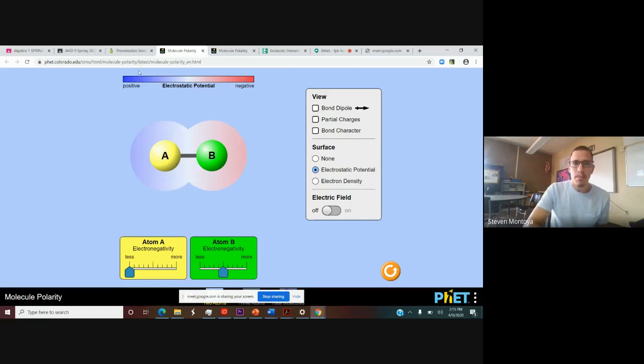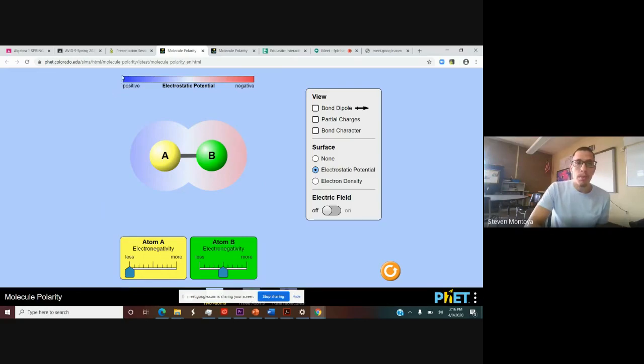Now let's talk about the bar, okay? Notice how your field has a blue color for atom A. Blue means positive. It's a positive charge. Or the electrostatic potential is in the positive direction, okay?